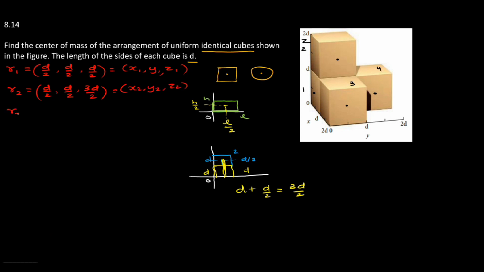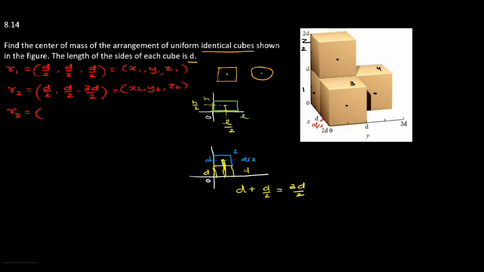Same thing for cube 3. Cube 3 is displaced along x-axis. Again, it is placed in front of only one box, which is box 1. Within cube 3, we know the position of center of mass along x-axis will be at d by 2.